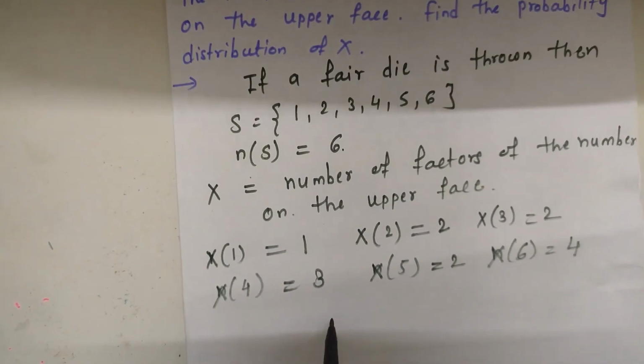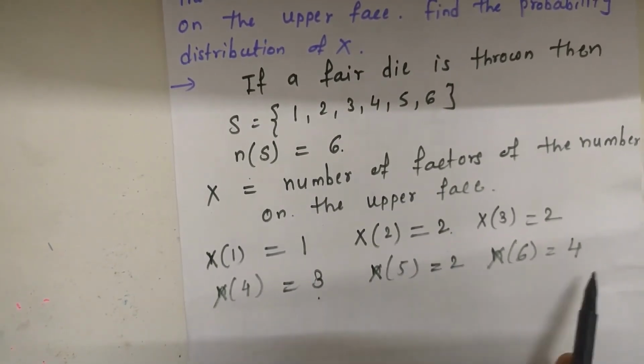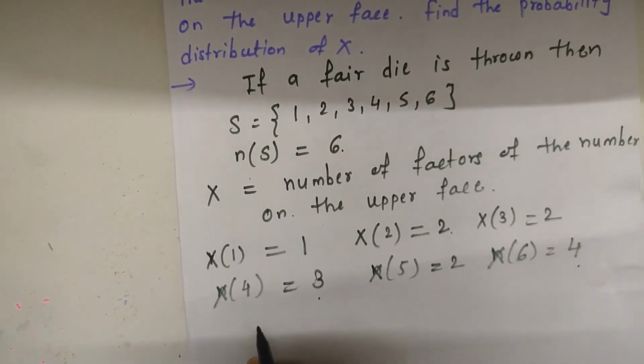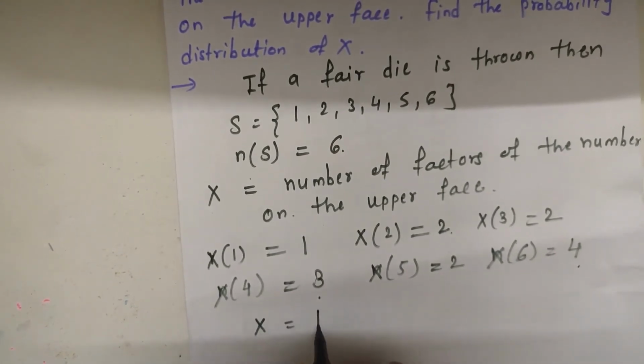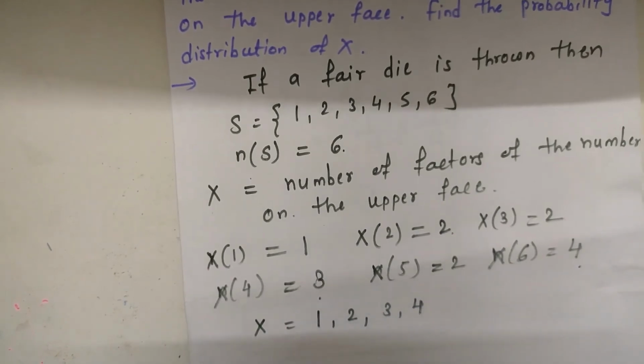So the possible values of x are 1, 2, 3 and 4.